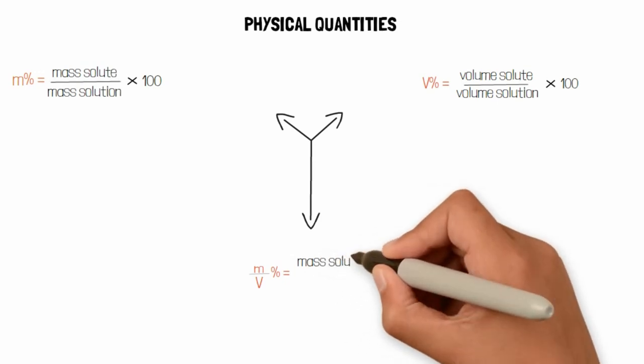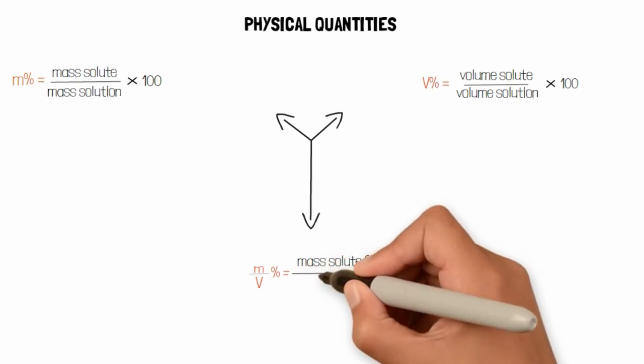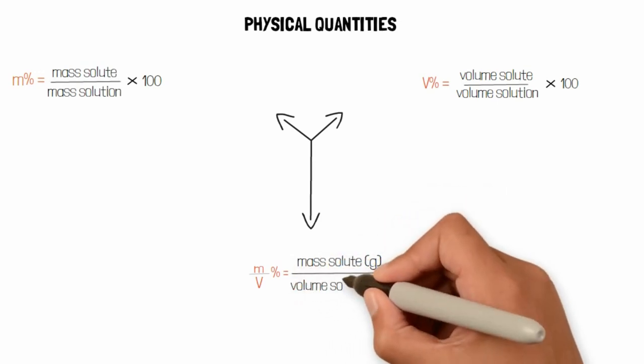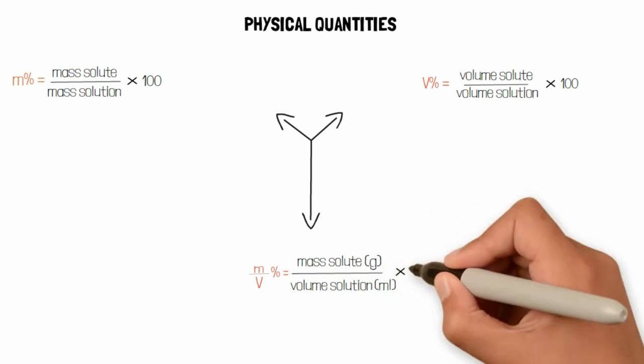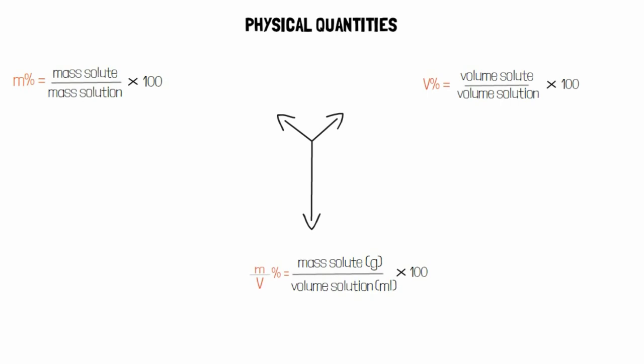This is equal to mass of solute divided by volume of solution. Of course, times 100 as usual. So now with physical quantities, we have mainly three concentrations. The most used ones are these two you have on the top. This one is not so popular, okay? It's used only for physiological solution.